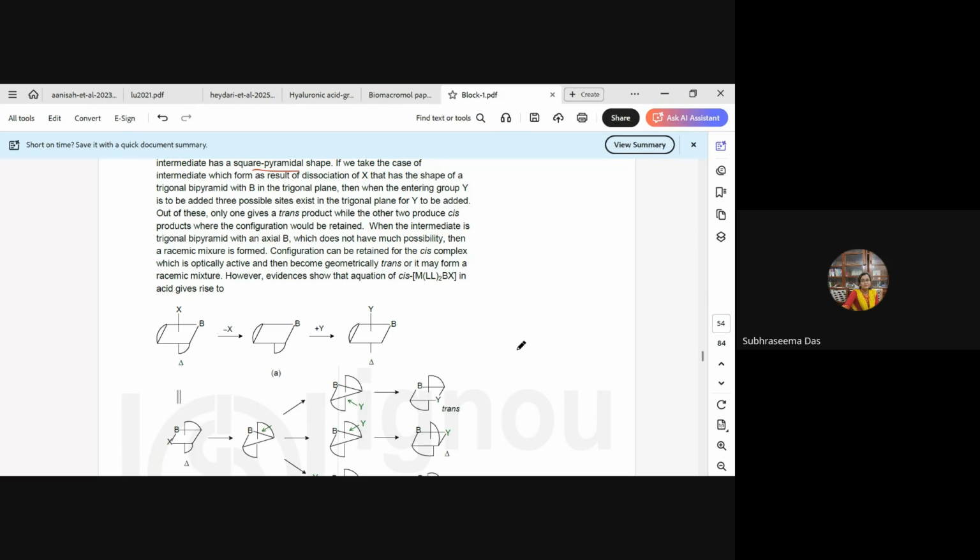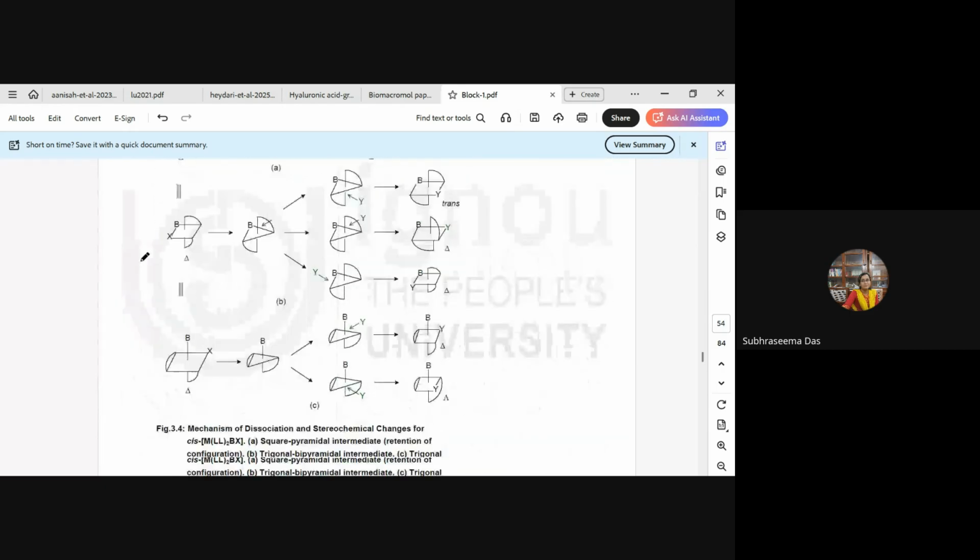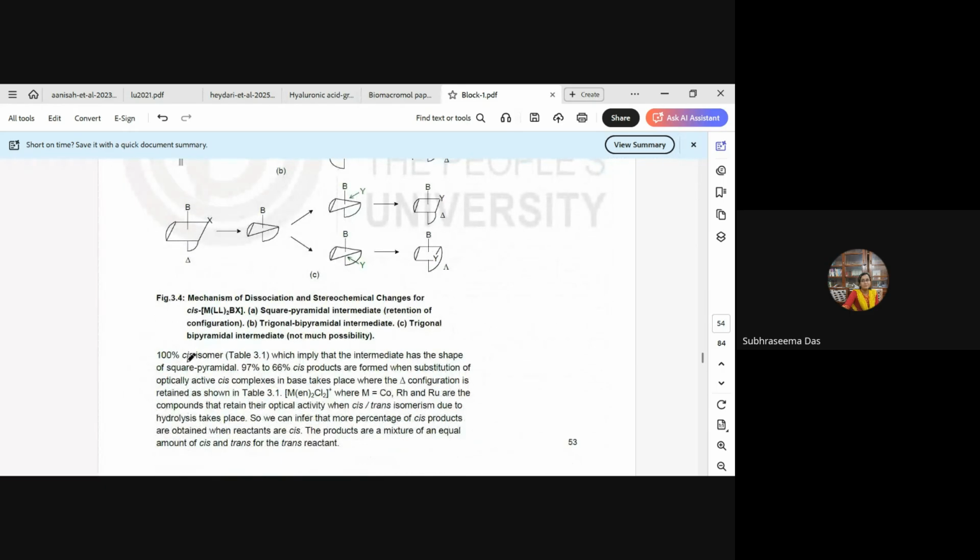In the third case, when the intermediate is trigonal bipyramidal with an axial B, which does not have much possibility, a racemic mixture is formed. Configuration can be written for the cis complex, which is optically active and then becomes geometrically trans, or it may be a racemic mixture. But evidence has shown that the equation of cis-[M(LL)2BX] gives rise to 100% cis isomers, which implies that the intermediate has the shape of a square pyramid.